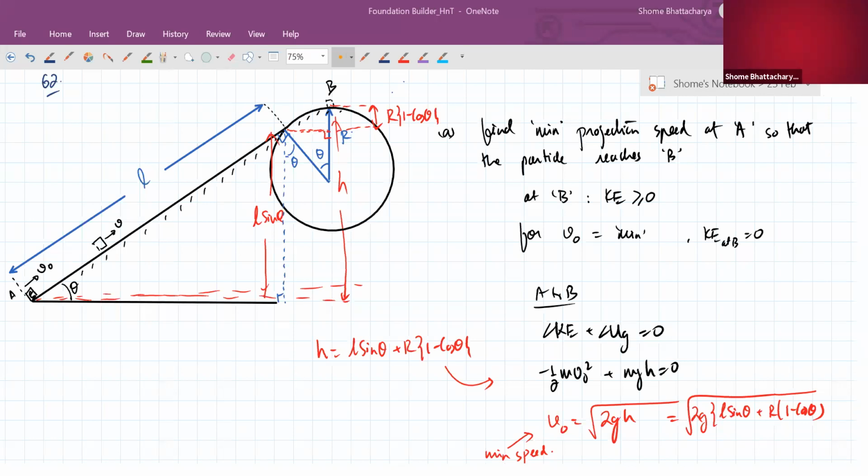Okay. Now in the second part, see what we have to do. Assuming the projection speed is 2v naught and the block does not lose contact with the track before reaching top, find the force acting on it when it reaches the top. So by force, we mean normal reaction force.